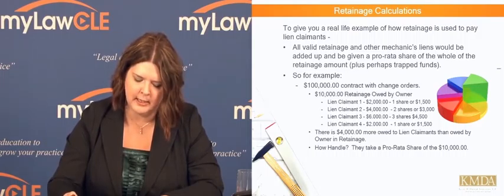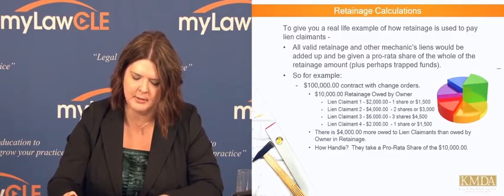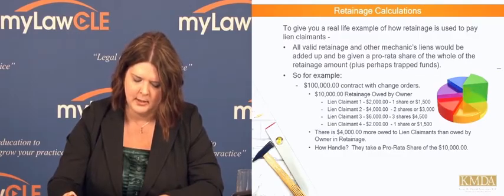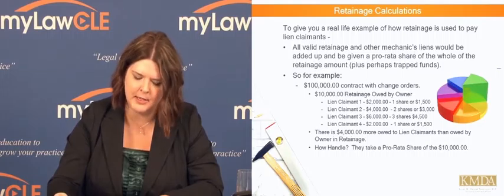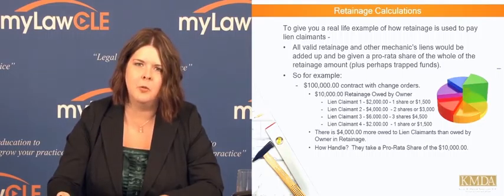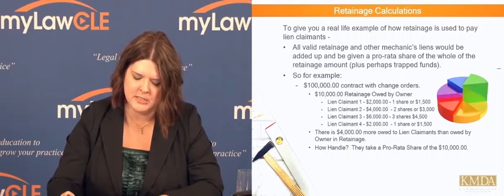There are 4 lien claimants. Lien claimant 1 has $2,000. Lien claimant 2 has $4,000. Lien claimant 3 has $6,000. And lien claimant 4 has $2,000. As you can see, we're over the amount that has been retained by the owner. That means they will have to take a pro rata share of the $10,000 that's been retained.